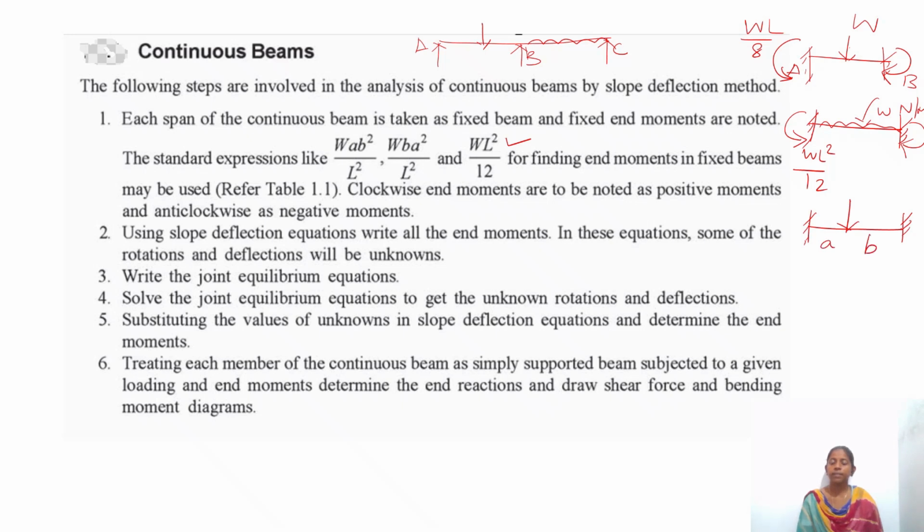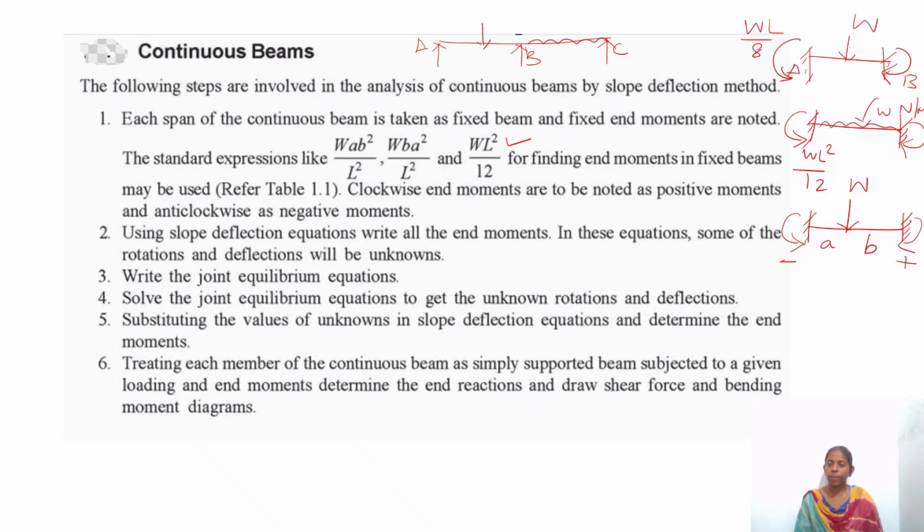If you take AB distances with a point load W at a particular point, then the fixed end moment direction is like this. If it is anti-clockwise, it is negative, and if it is clockwise, it is positive. In sign convention, anti-clockwise is negative and clockwise is positive.